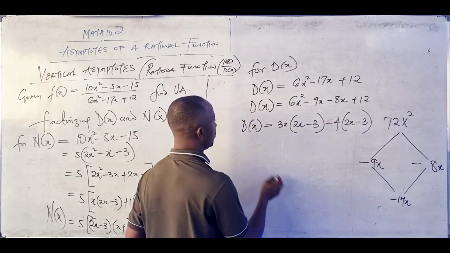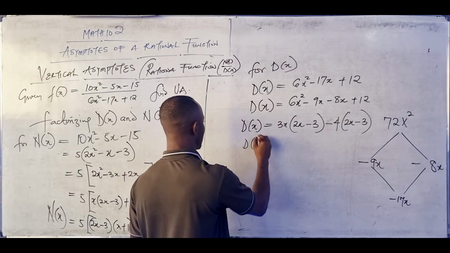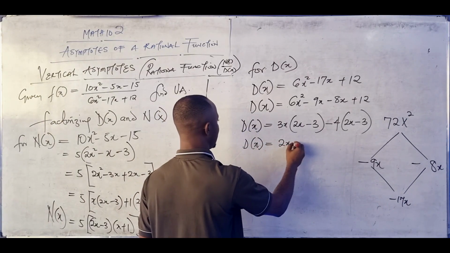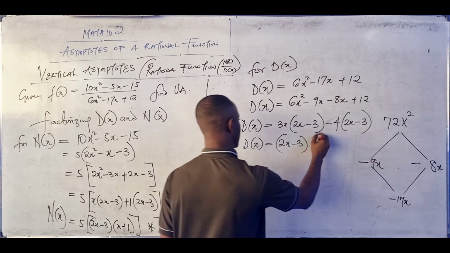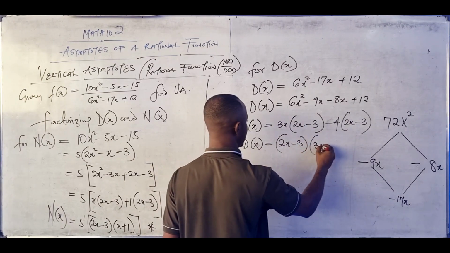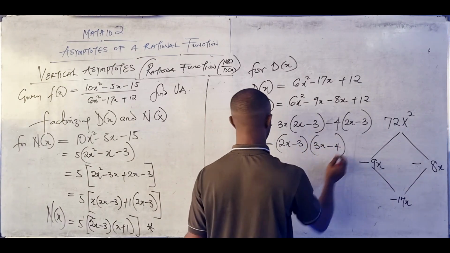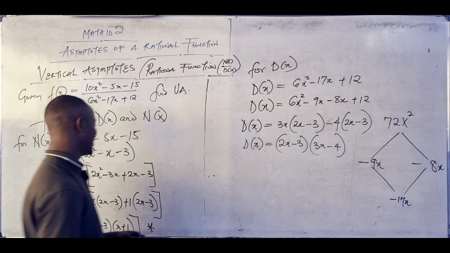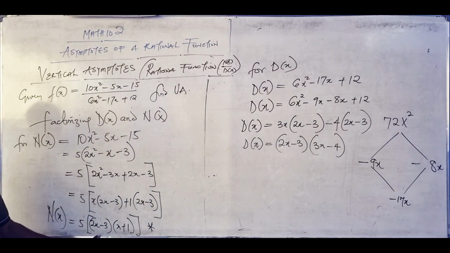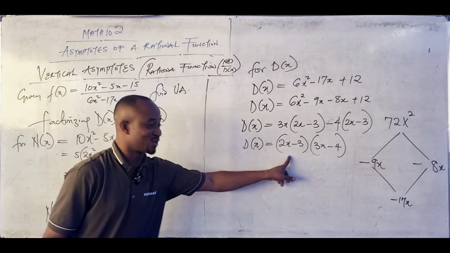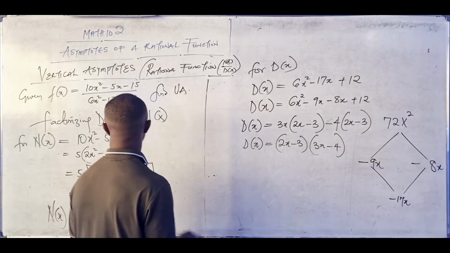So what is the common factor here? The denominator becomes 2s minus 3 times 3s minus 4. Already you are seeing something common here, so we can cancel automatically, but let's bring it out.